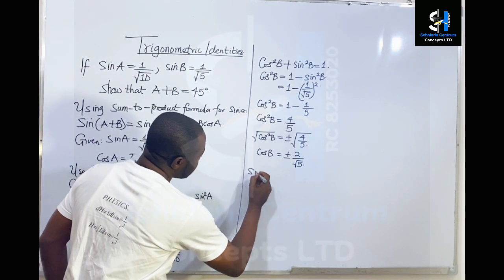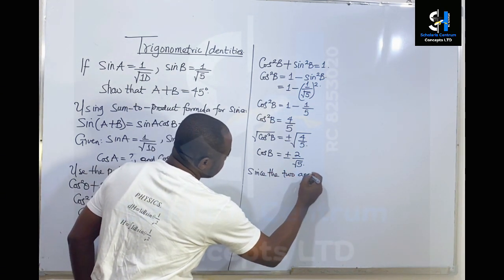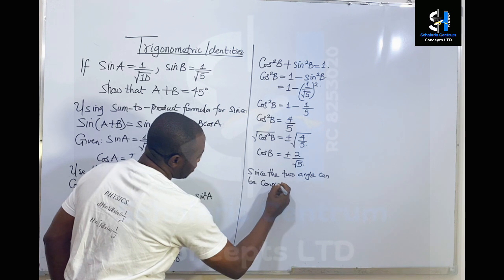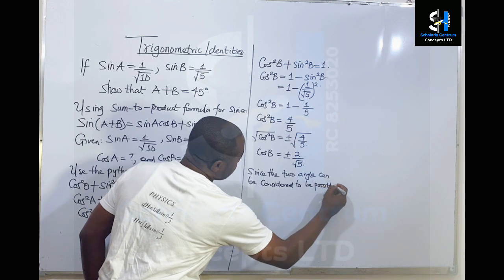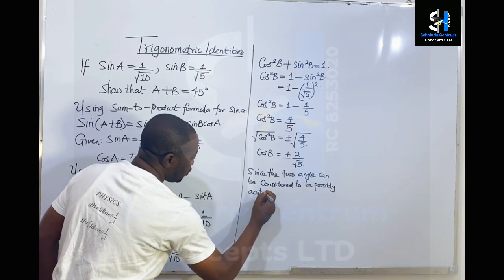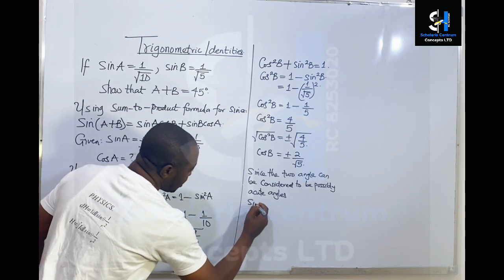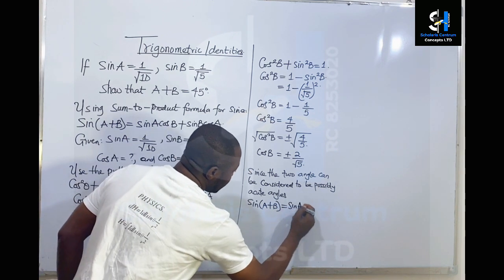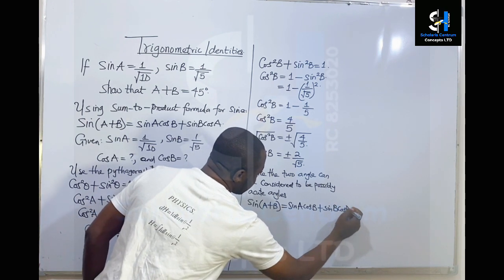Now, since the two angles, let me put it this way, can possibly be acute angles, we can then have sine A plus B, which we know to be sine A cos B plus sine B cos A.